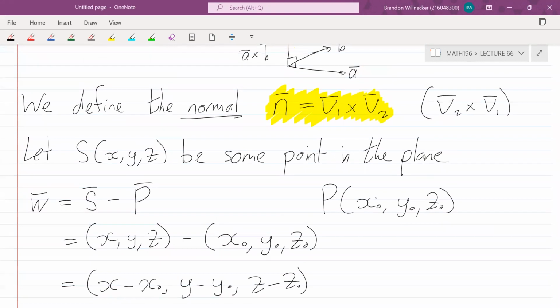Now, we know that w is in the plane because s is in the plane, p is in the plane, and we know that n is always perpendicular to the plane.